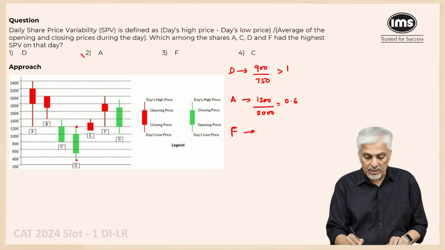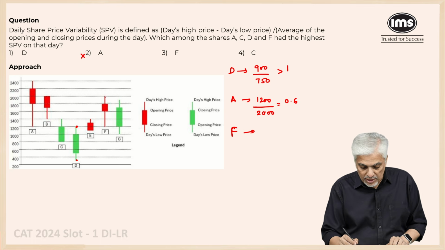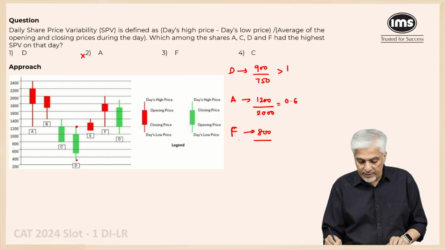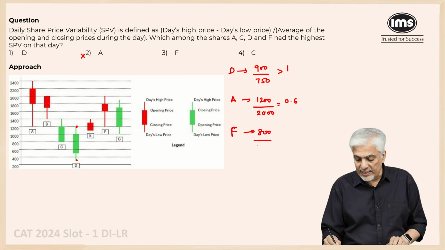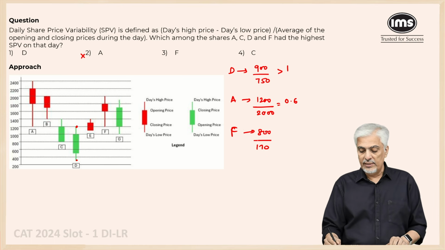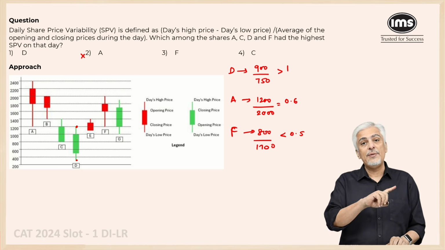A is not my answer to this question because D is more than A. F is 2000 minus 1200, so that's 800, divided by the average of these two numbers, which is 1700. That is less than 0.5. 0.5 would be 850. It will help me in the other question also.